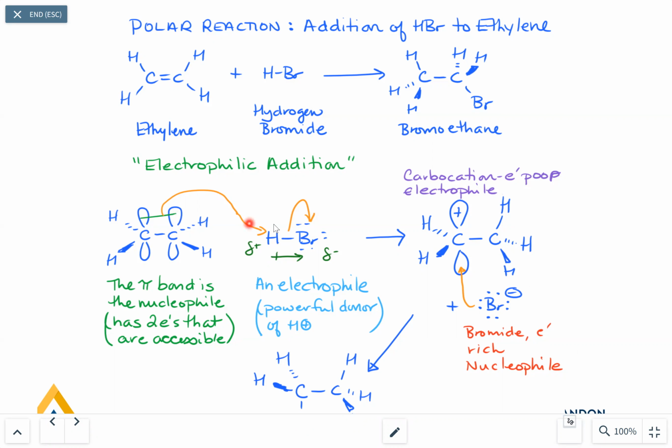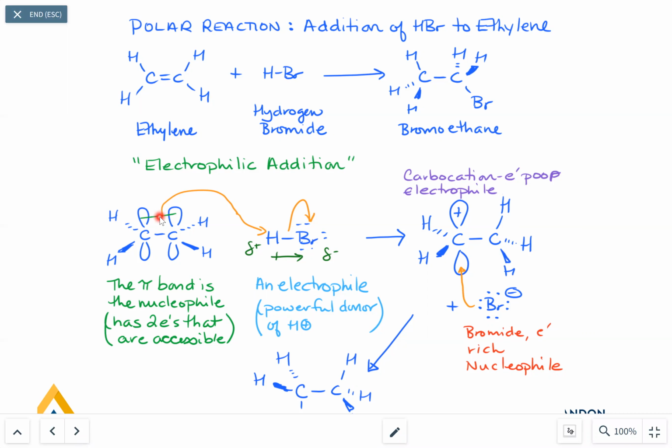Although when it comes to electronegativity, you don't necessarily think of this bond as polarized, but it is polarized because bromine is so polarizable, right? So this is going to come and grab that H plus, and we're going to form bromide.